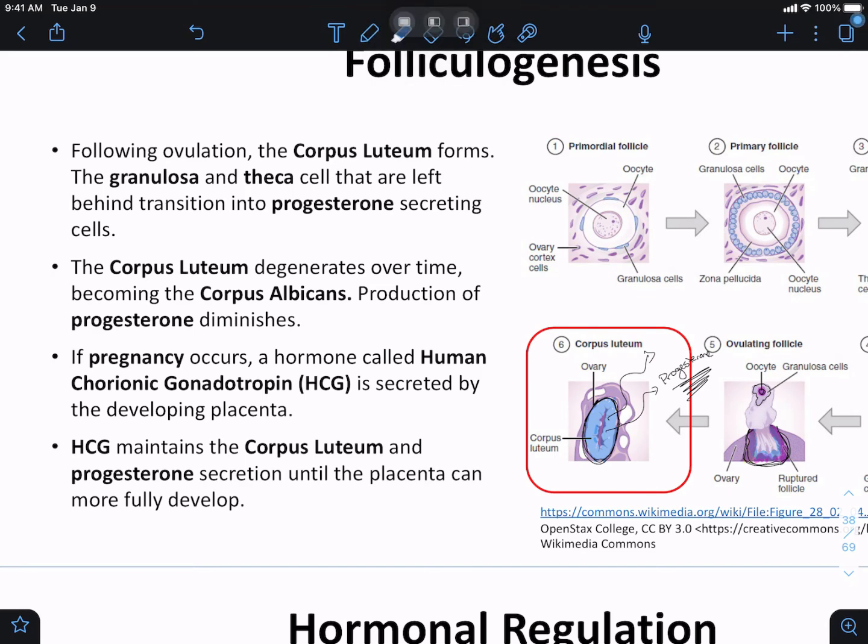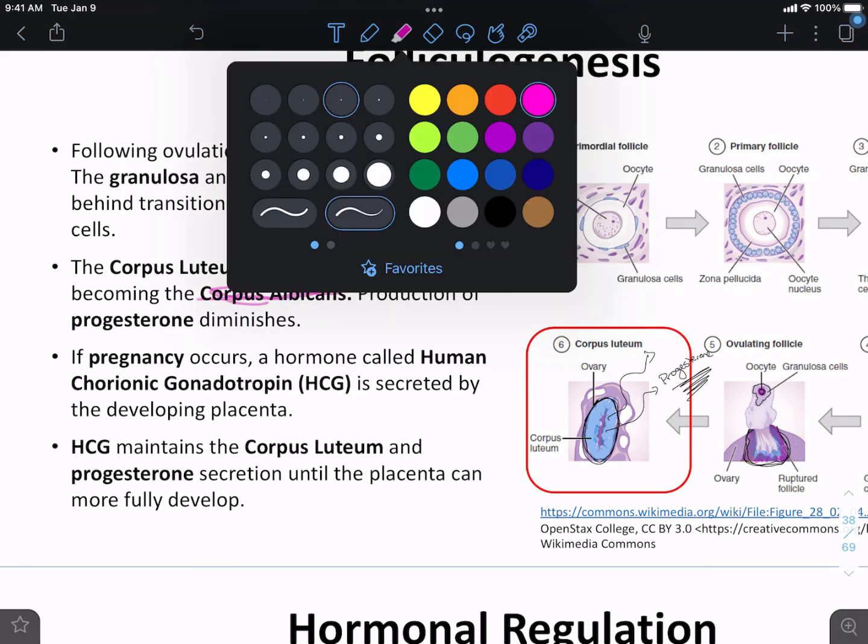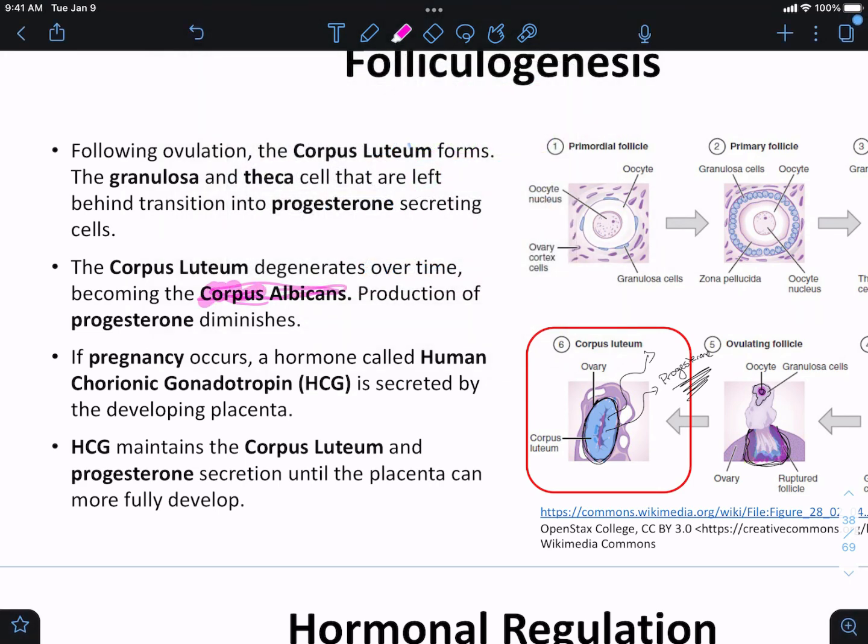This is assuming that we do not get implantation, that the oocyte is not fertilized. And because it's not fertilized, we no longer need to make progesterone. We actually need to repeat the menstrual cycle so that we have a chance to perhaps get a fertilized egg the next time, assuming we want to.